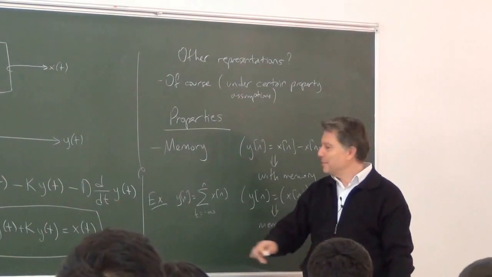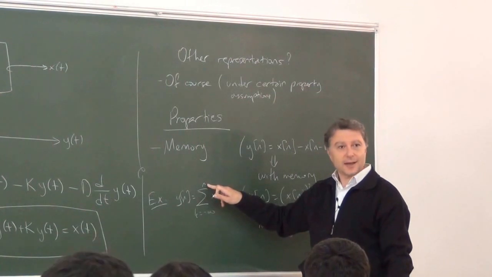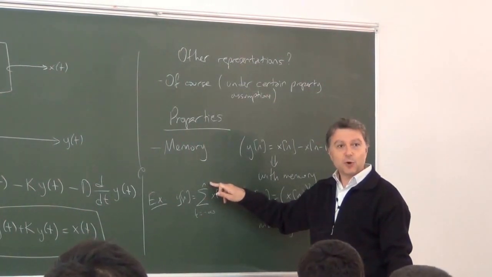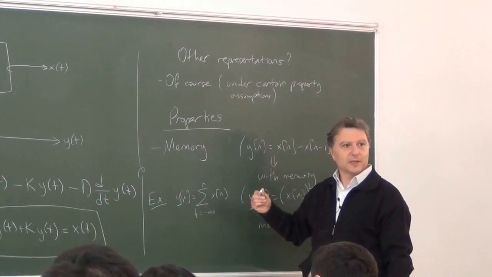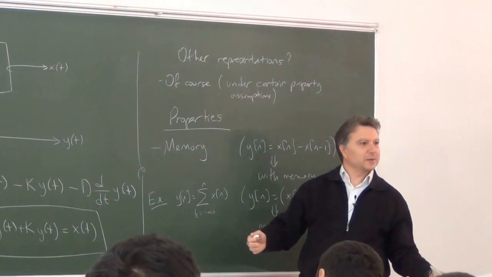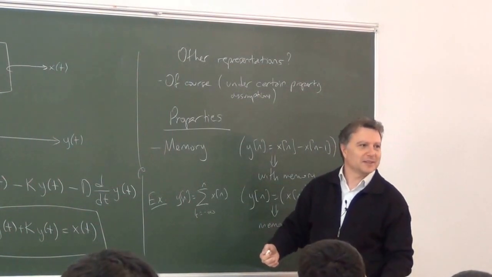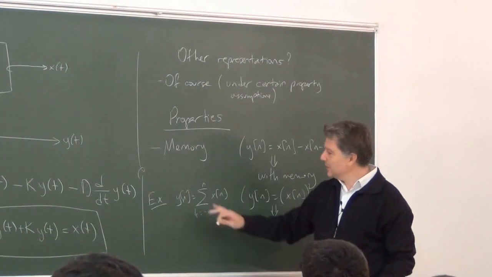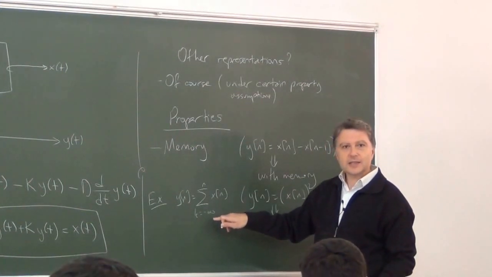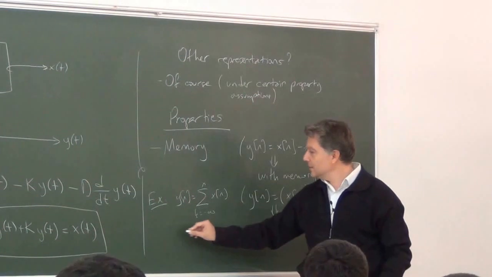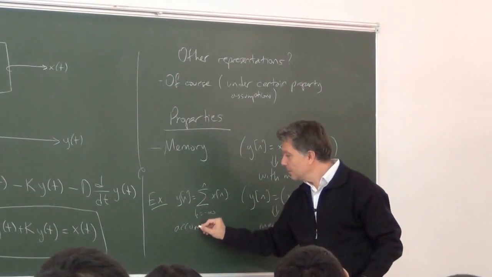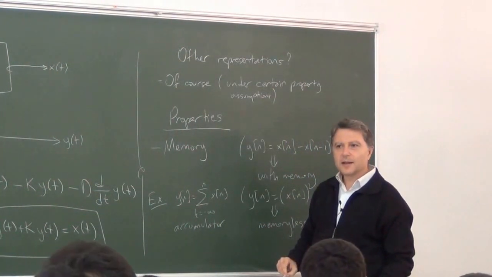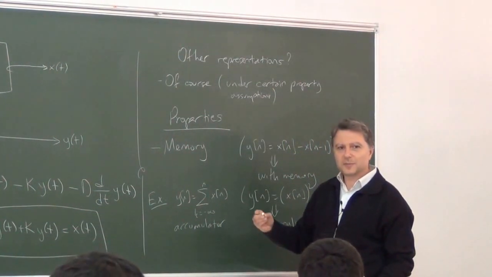It is with memory, because this n is the current time, and as you see, from minus infinity up to that time, it requires the values of the input. It is extremely with memory. It needs infinite memory, as a matter of fact, far from being memoryless. You have to be careful about this. By the way, such a system is an accumulator. And accumulators are something of particular importance.